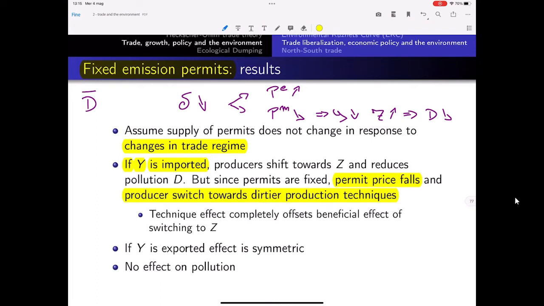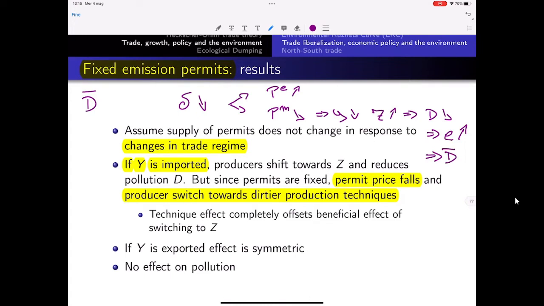And therefore, as a consequence, you have emission intensity, E, goes up. And as a consequence, overall pollution remains the same.